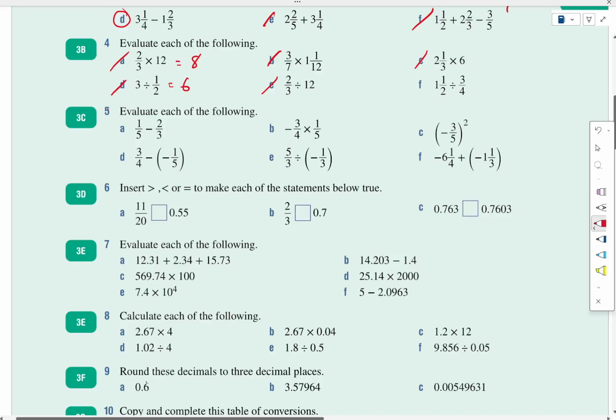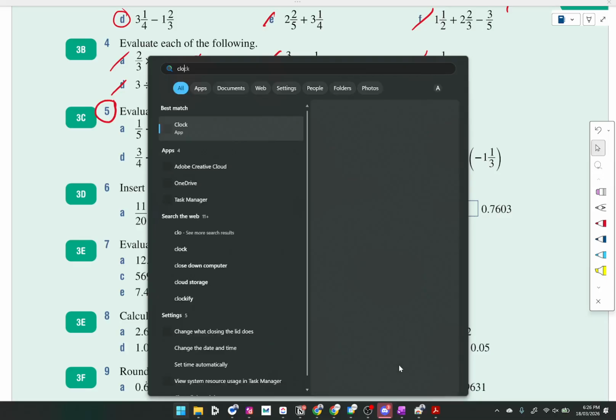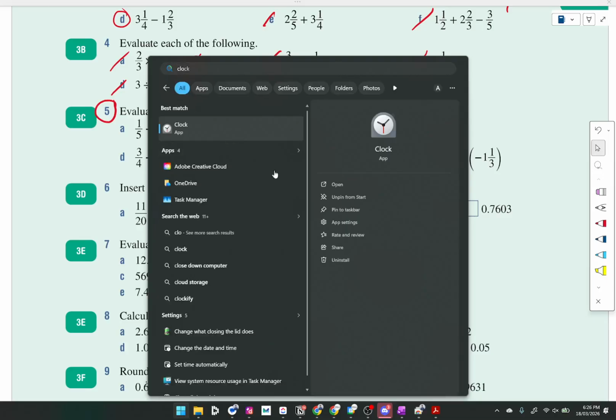All right, let's do a mixture of these things. Let's do question 5. 6 questions. I will throw in 6 minutes. Is that doable? Okay, let's try it.